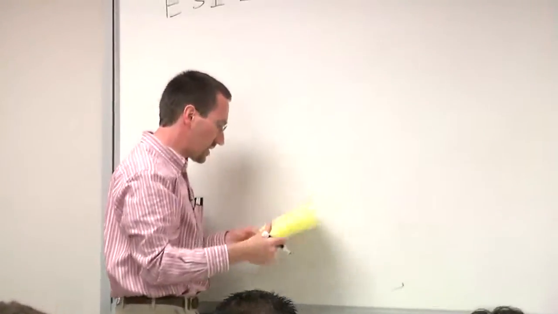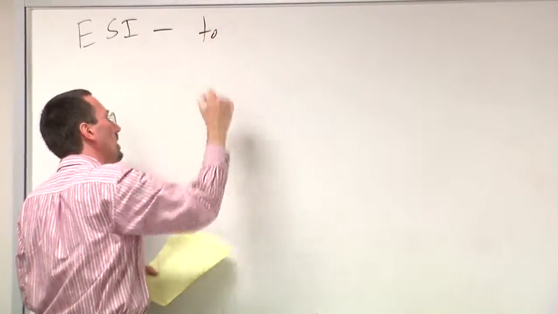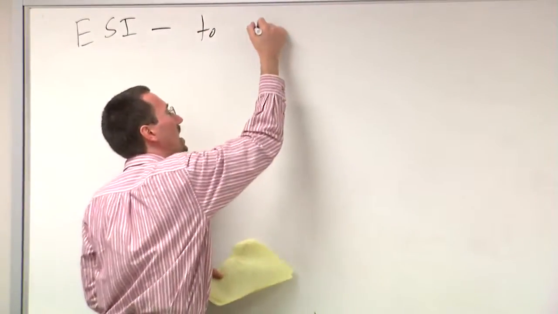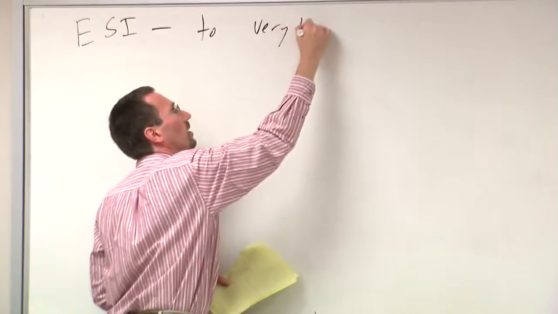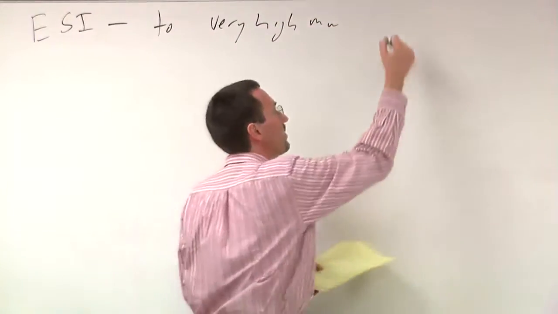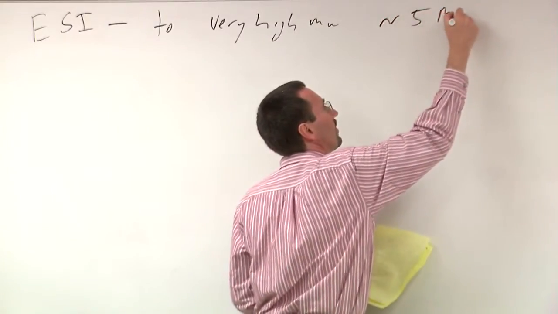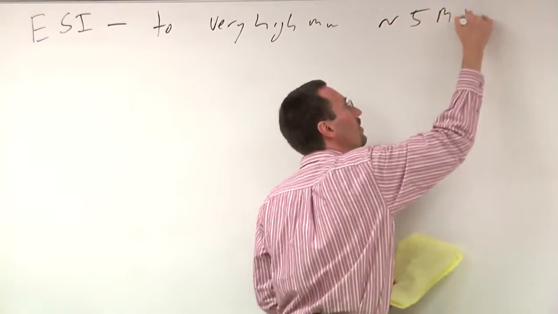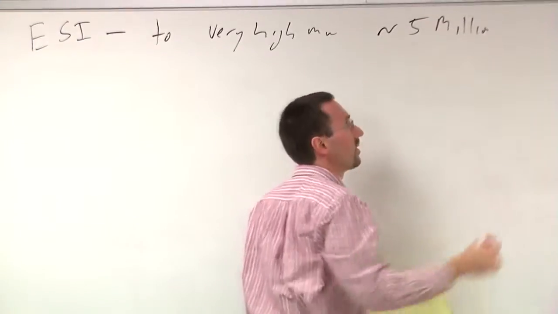ESI now is a lot easier to care for. It goes up to very high molecular weight. I don't know, I'll say maybe 5 million, but basically just very, very large.